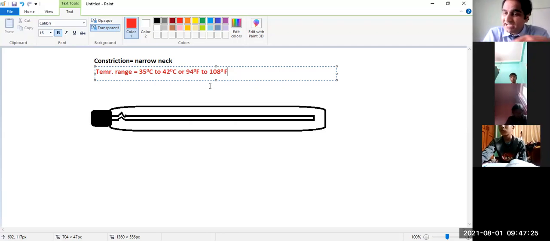Fahrenheit मा. तर डिग्री सेल्सियसमा कति हुन्छ त त्यो भनेको यो 35 to 42 को रेन्जमा हुन्छ. एन्ड डिग्री फरेनहाइटमा 94 to 108 को रेन्जमा हुन्छ. It is specially designed for the range of human body temperature, so it has a narrow range, not a broader range. It can measure only 35 to 42 degrees Celsius.